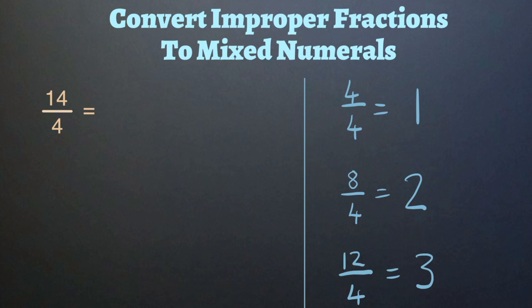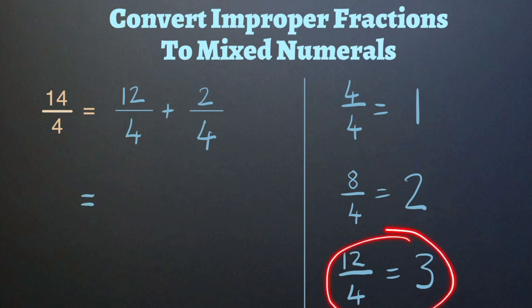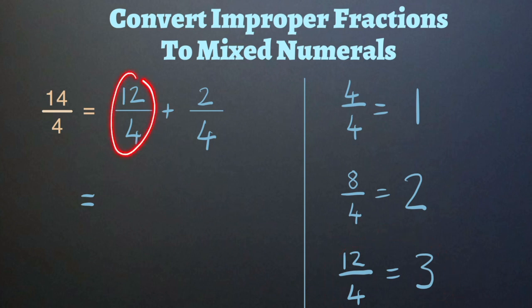So instead of 14/4, I could write 12/4 plus, and I know 14 take 12 is going to be equal to 2. So I'm going to write 2/4 is the same as. Now I know 12/4 is equal to 3, and I've got 12/4 here.